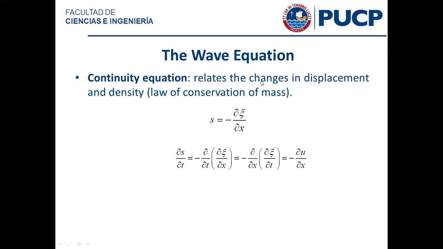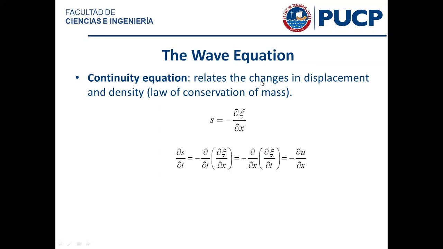So in this equation, the actual continuity equation is the first one. The one in the second row in this slide is actually the same one, but you're taking the derivative with respect to time. This is a function that's assumed to be the particle velocity, which is the squiggly symbol, right? And S is the condensation that we defined in the previous slide.